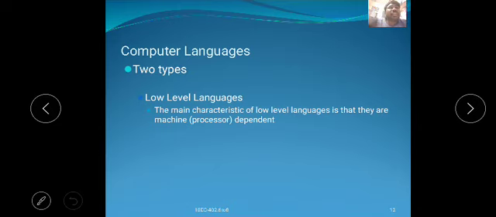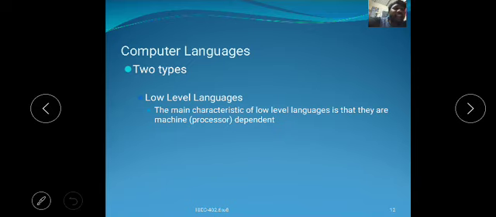The machine easily understands the instructions we write, and they are executed by the machine. That means what type of processor we are using depends on the low level language.